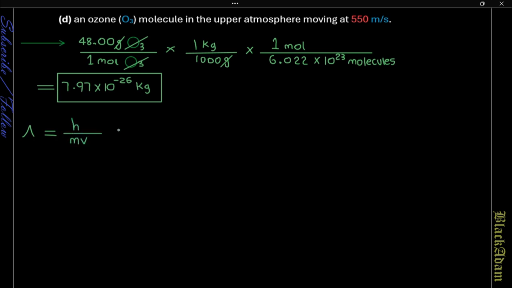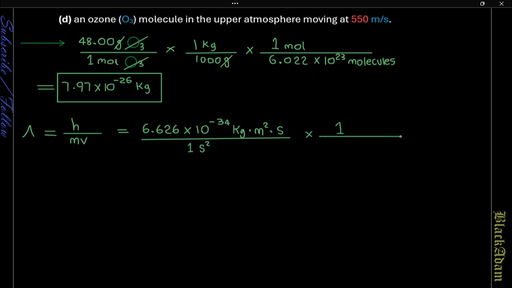So the wavelength will be Planck's constant, which is 6.626 multiplied by 10 to the power negative 34 kilogram meter squared per second, multiplied by 1 over the mass, which is 7.97 multiplied by 10 to the power negative 26 kg, and then multiplied by 1 over the speed, so 1 second over 550 meter.